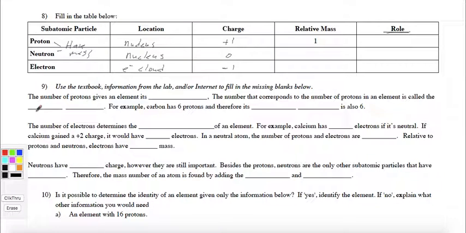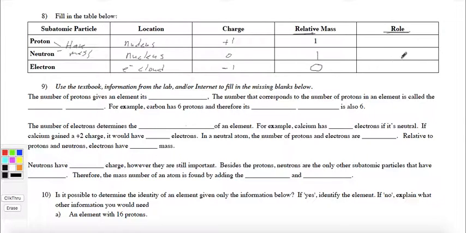Now, if you remember the size of the marbles that we used for that activity, if protons have the relative mass of 1, and relative means compared to each other, that means that the neutrons are also going to have a mass of 1, because 1 and 1 are the same, just like the size of the marbles. The electrons, though, were very, very tiny, so tiny we're going to say that compared to the protons and neutrons, they have a relative mass of 0.